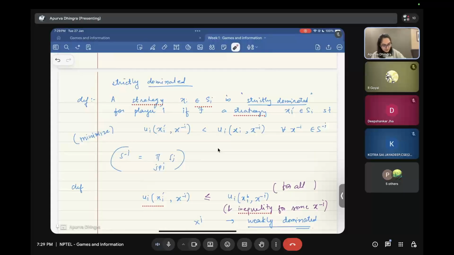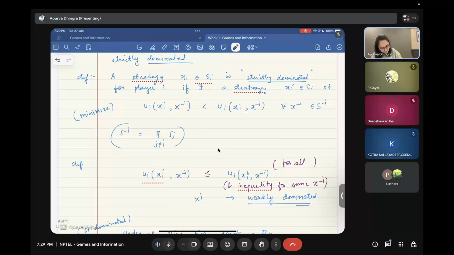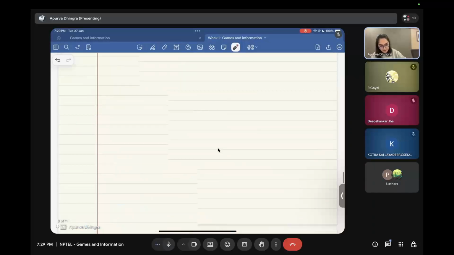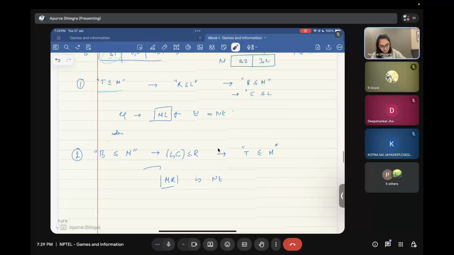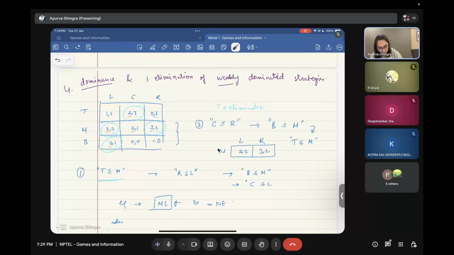Now the weakly dominated strategy just says that for all of them this is true, so there might be equality in certain cases. The only difference is that the strict inequality is true for at least some of them. Again, as we saw in this example of weakly dominated, 3 and 3 are equal.